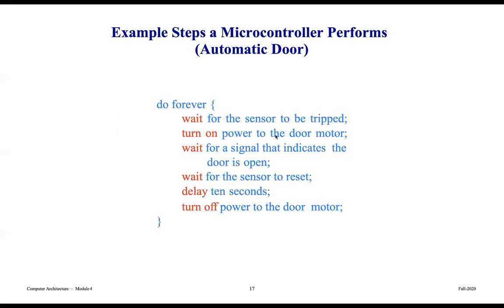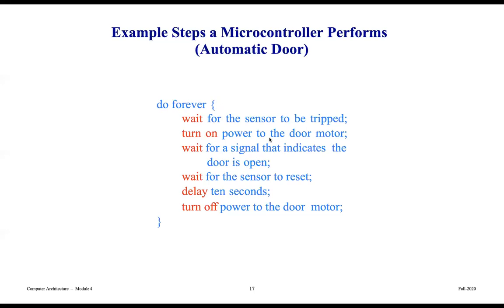Here is some pseudocode walking you through what a microcontroller performing an automatic door opening function would look like. It's constantly waiting forever for the sensor to be tripped. Once it is tripped, it turns on the power to the door motor. It waits for a signal that indicates that the door is to open. Have you ever seen an automatic door open?